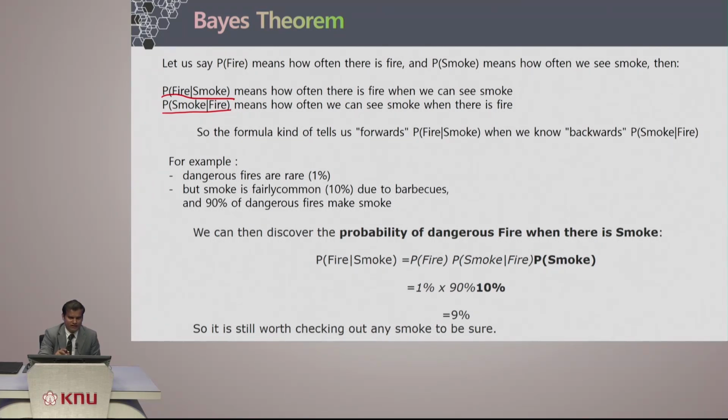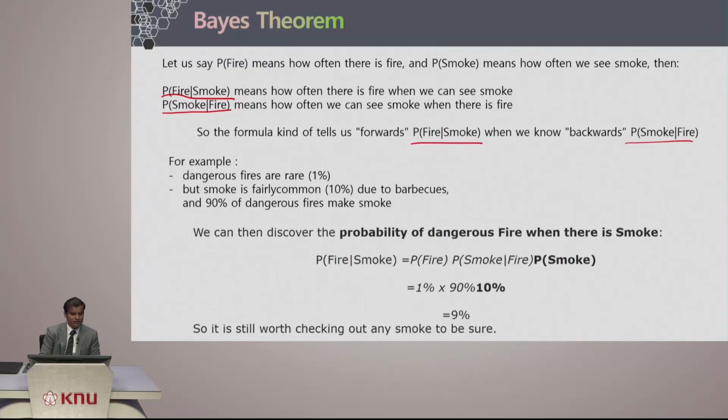So let us formulate this whole thing with forward probability of fire given smoke, and for backwards probability of smoke given fire.